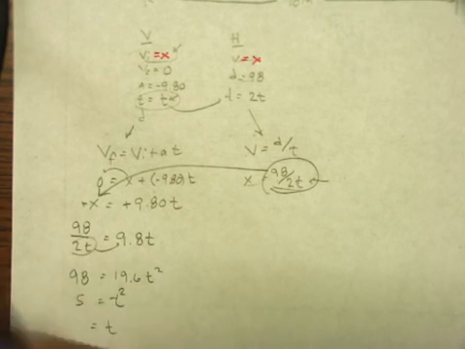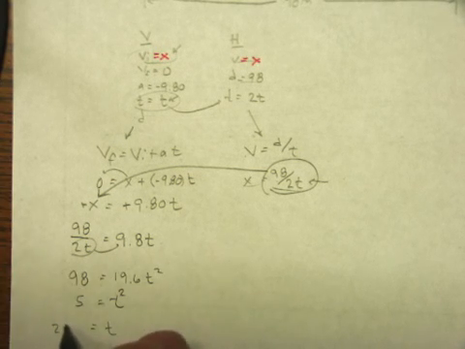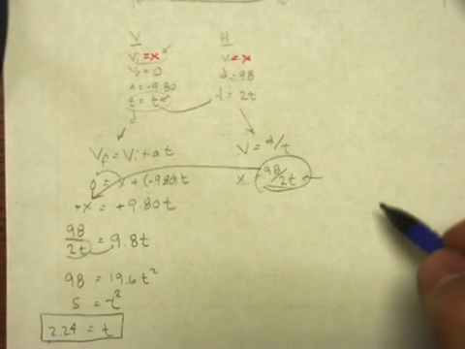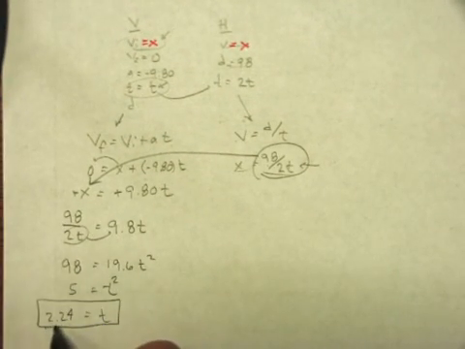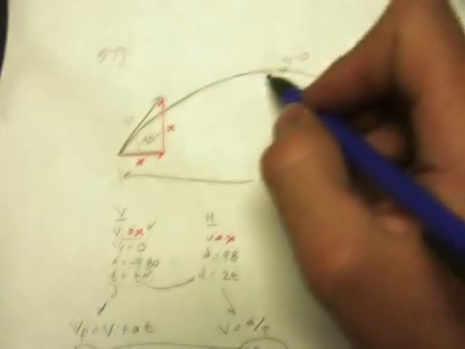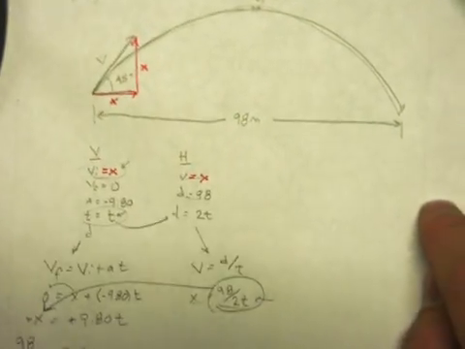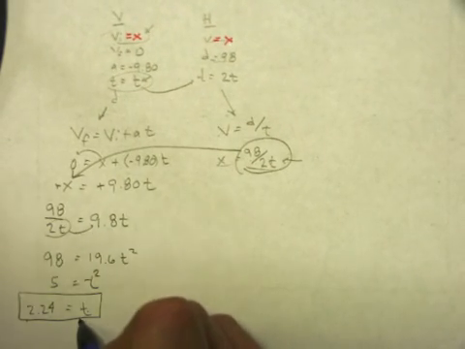Then t, I take the square root of that, is 2.24. And this is not my answer. It's too bad it wasn't asking for how long it was in the air, because it was in the air for 4.48 seconds. Remember, this t is how long it took to get right there. So what I'm going to have to do is plug this back in.